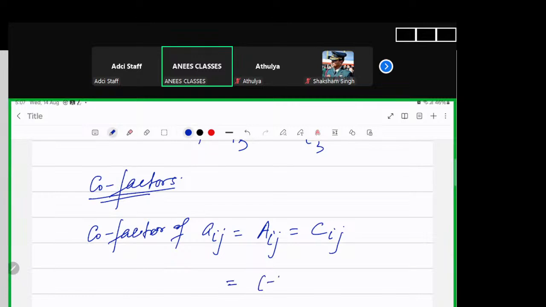This will be minus 1 to the power row number plus column number into the minor of the ith row jth column.